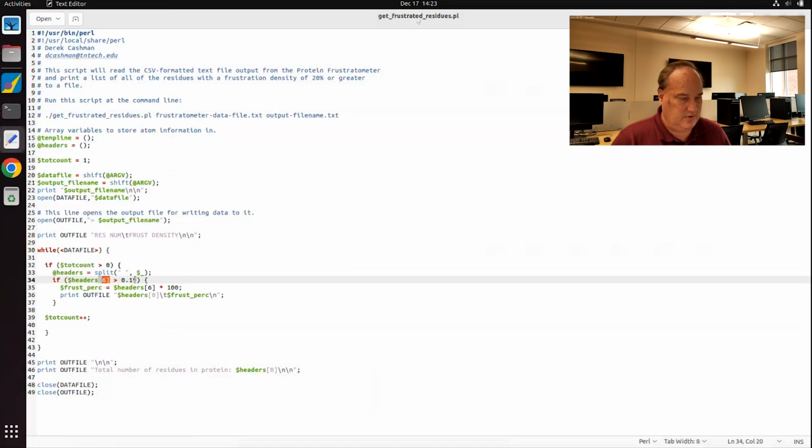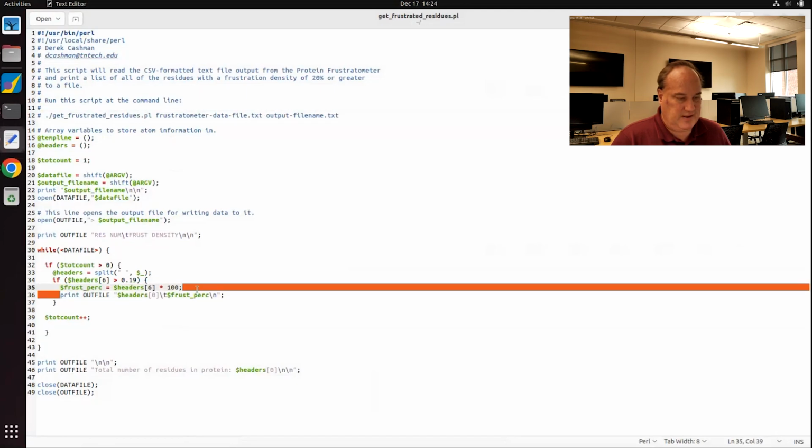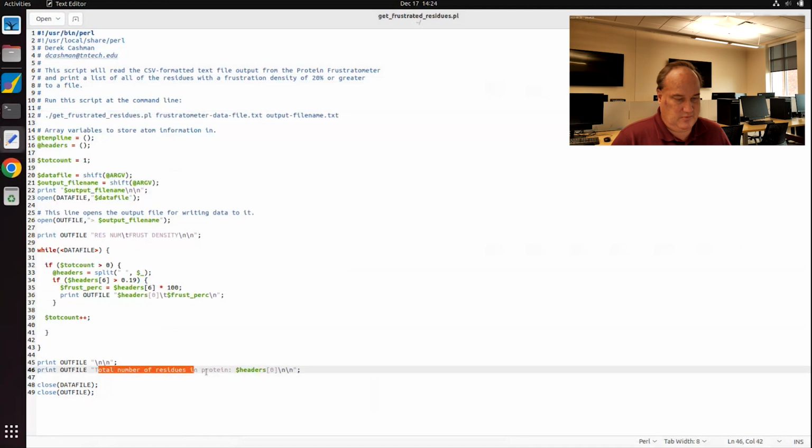And if that's greater than 0.19, we calculate a frustration percentage, multiply by 100%, and print that to the output file, right? And then we just increment our counter, and we write the total number of residues in the protein. So it's fairly straightforward.